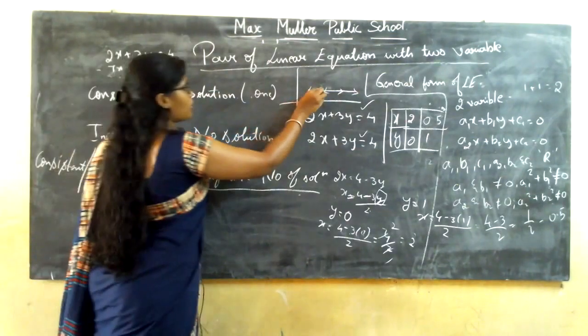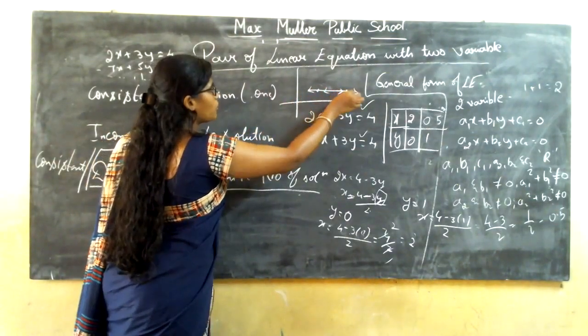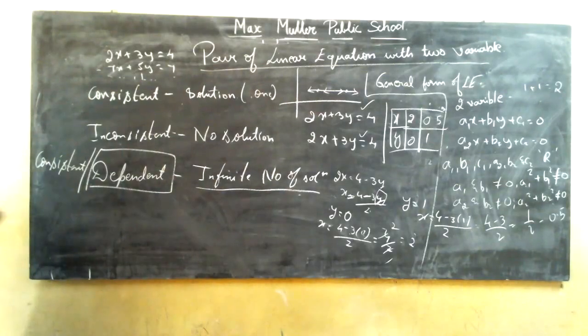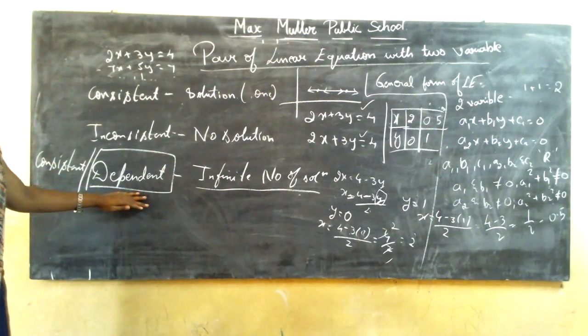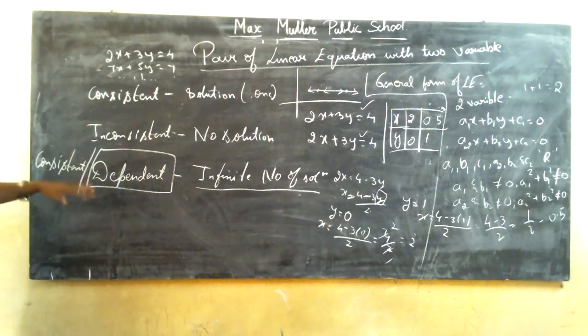See, here you have plotted 2 points. So both lines intersect each other at each and every point. Only then are you going to say it is a dependent linear pair of equations.